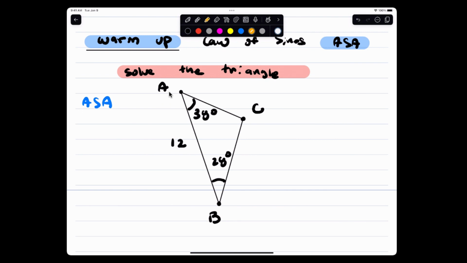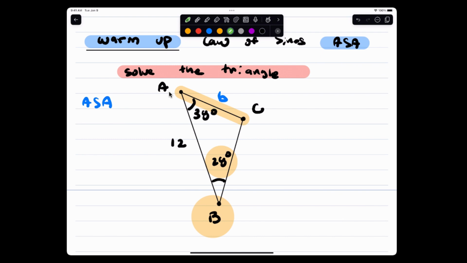If this is angle B, because they gave you that vertex to get you started, what do you call that side? Little b. Thank you. You guys okay with that? You want to name it little b.